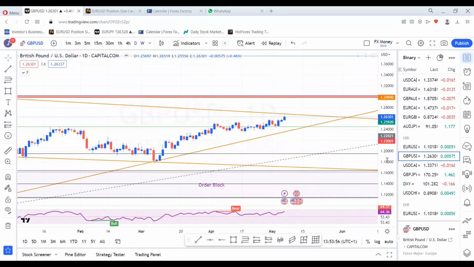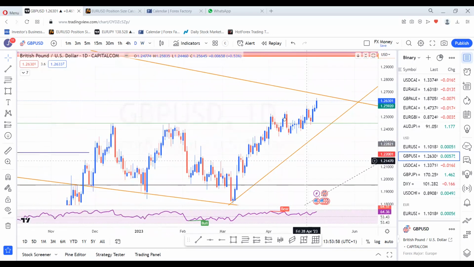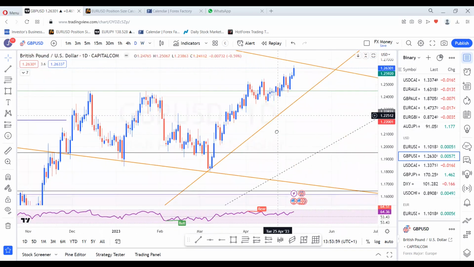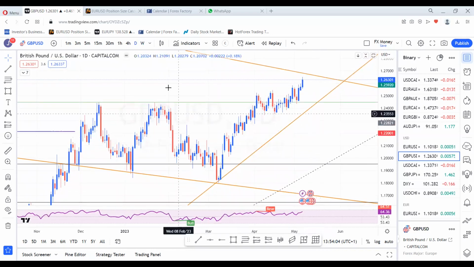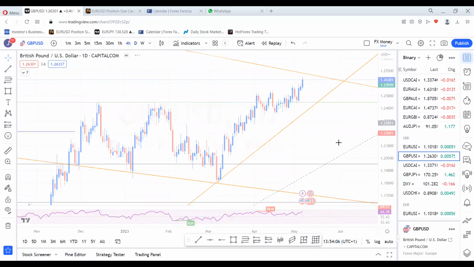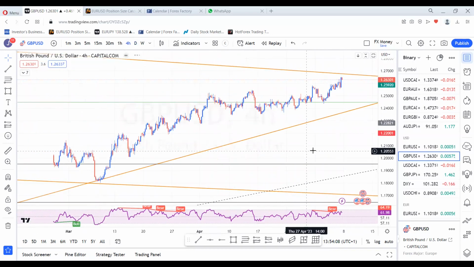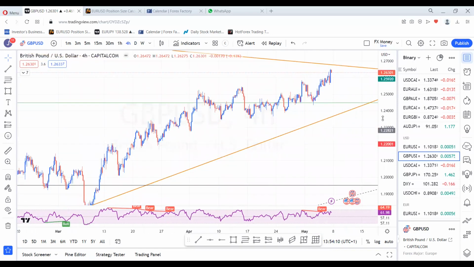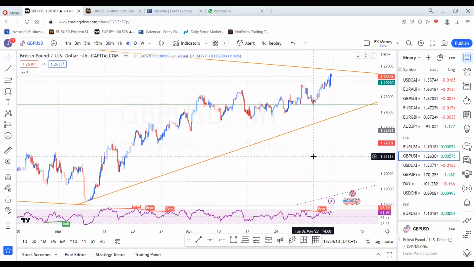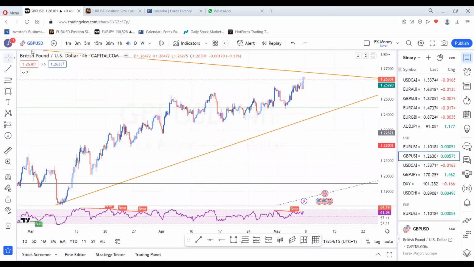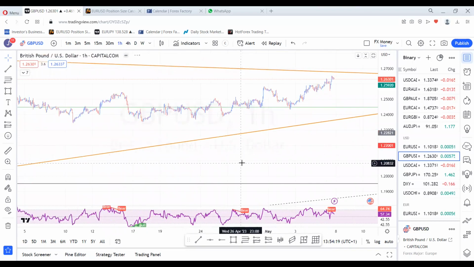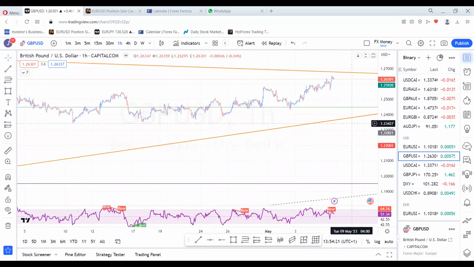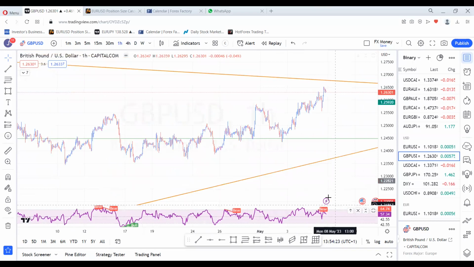So on the daily, we have a bullish move as well, which is valid. On the 4 hours, same thing. We are still bullish. On the 1 hour, still bullish, guys.